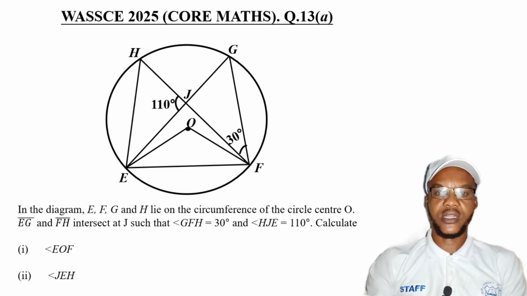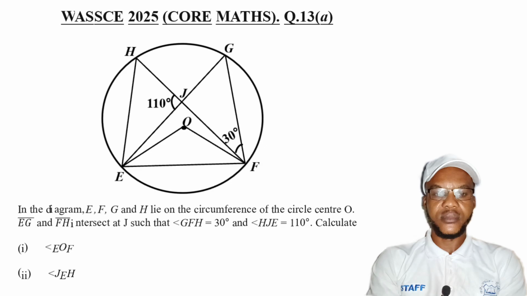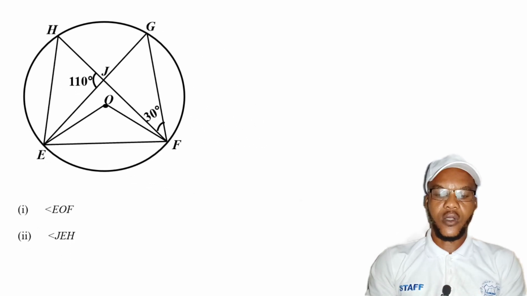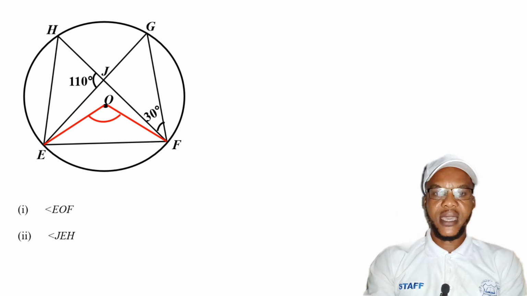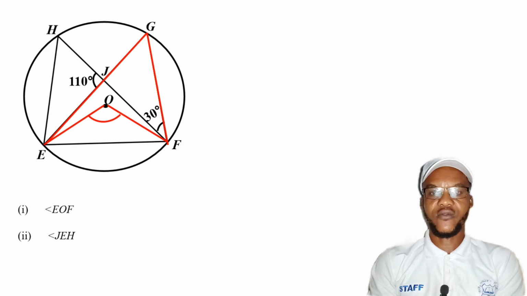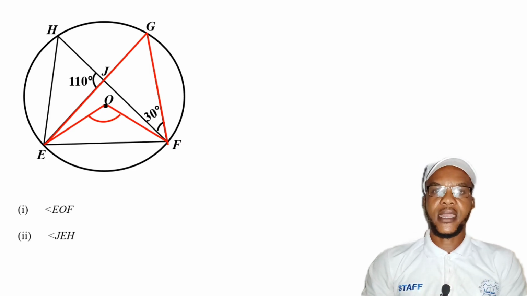Let's quickly look at how best we can find those angles. First, let's identify the angle we are talking about. That is angle EOF. Now you remember when we were doing the properties of circle geometry, we talked about this property: an angle at the center of a circle created by two radii is twice the one at the circumference, or the angle at the circumference subtended by a chord.